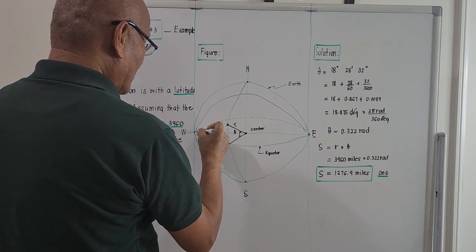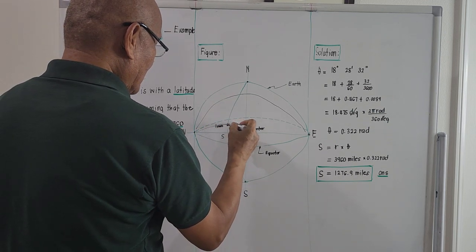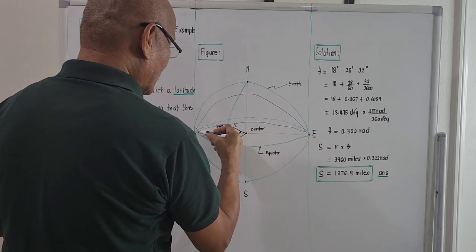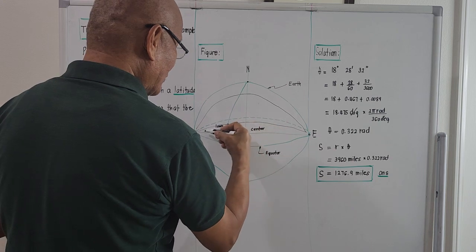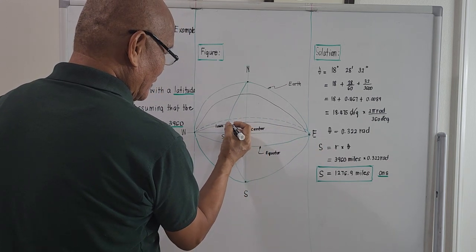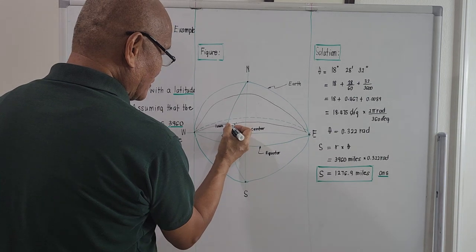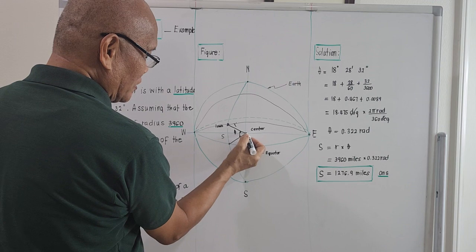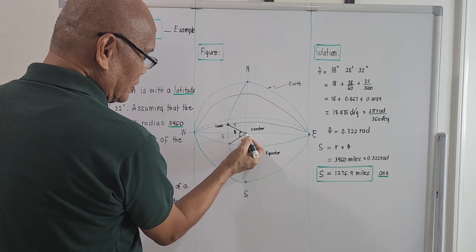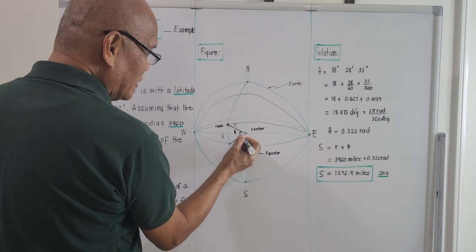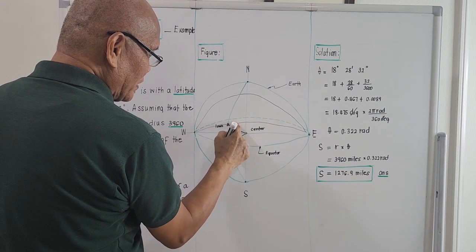We connect this curve here, so the latitude of the town is this one, and the location of the town will be this. If this is the center of the Earth, the distance from the center of the Earth to the equator is represented by radius r.